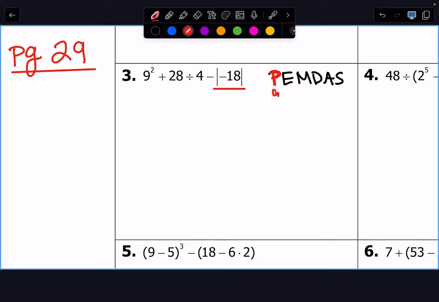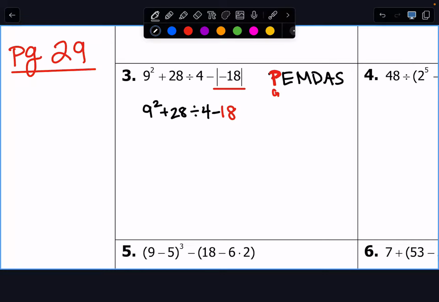evaluate the absolute value, which is what? The absolute value of negative 18 is 18. Now, there is subtraction in front of the absolute value, so that is still there.